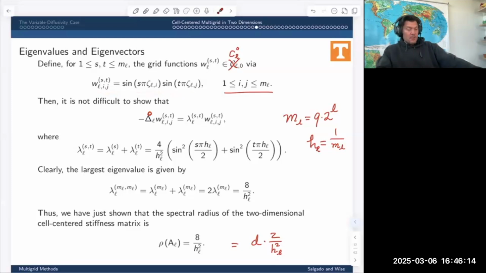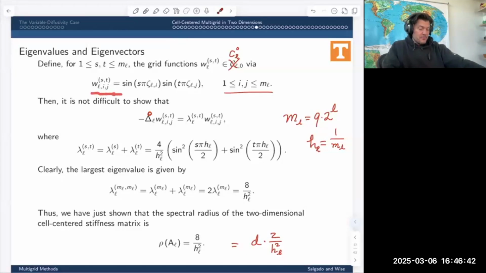Well, I can always take any grid function and convert it. It has values for each i and j for every s and t that you choose. And these are my cell-centered coordinates, by the way. These are the cell-centered coordinates in the x and the y direction that I defined way back somewhere around here.